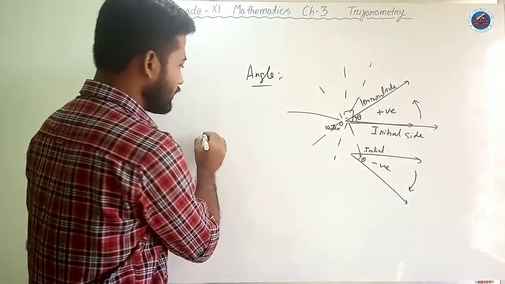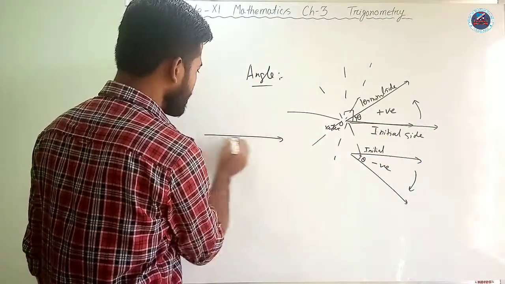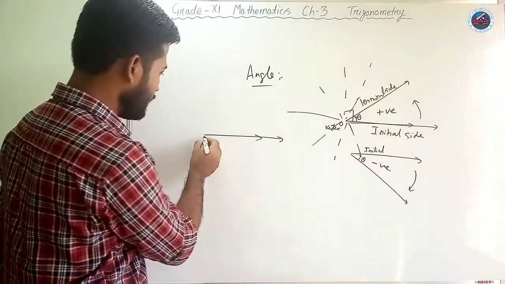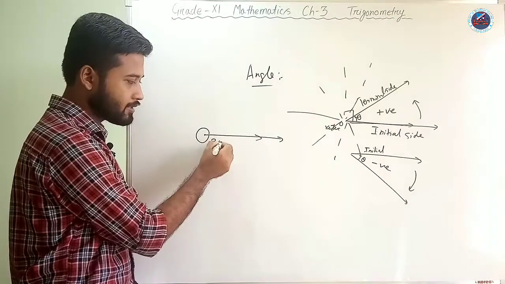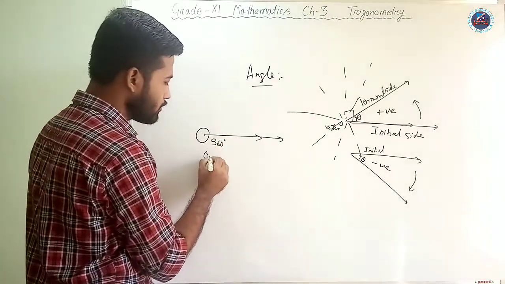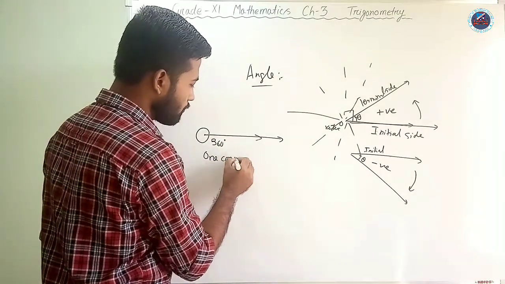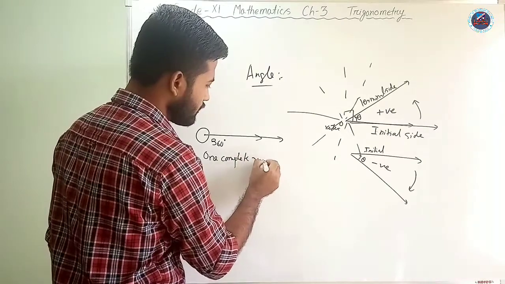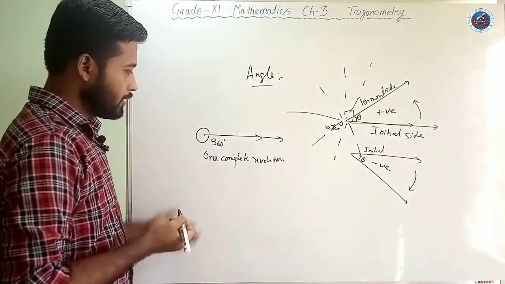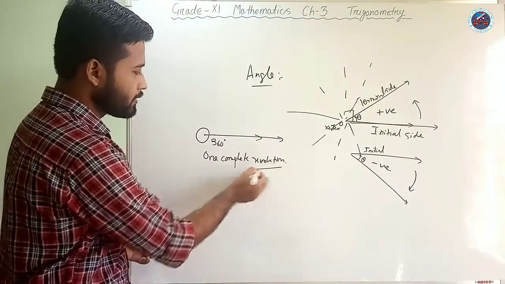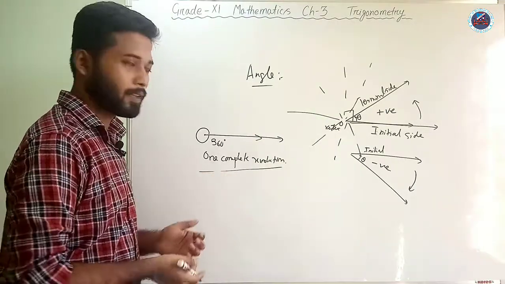That is, the terminal line and the initial line coincide. So what is the angle formed here? It is 360 degree, isn't it? So this is called one complete revolution.